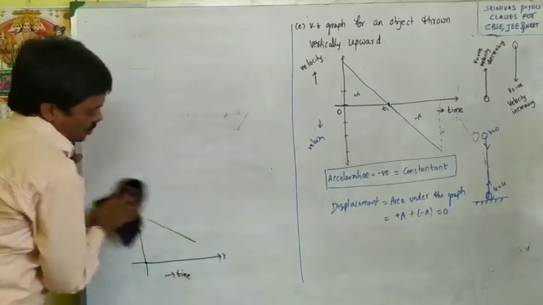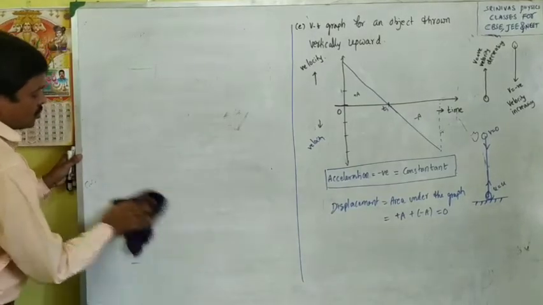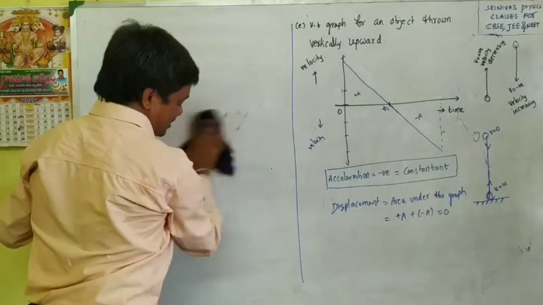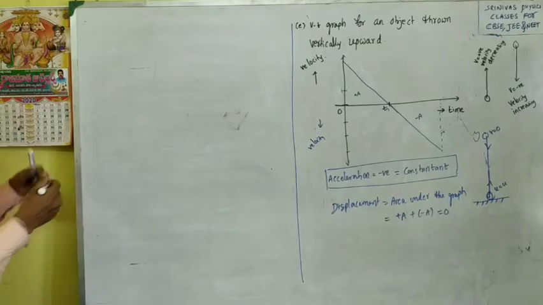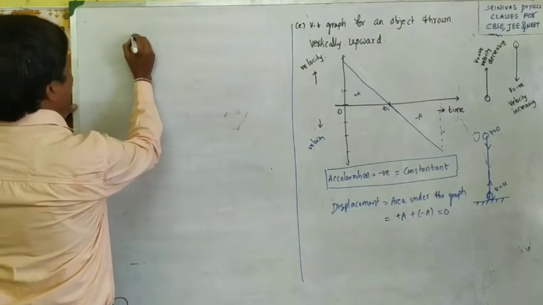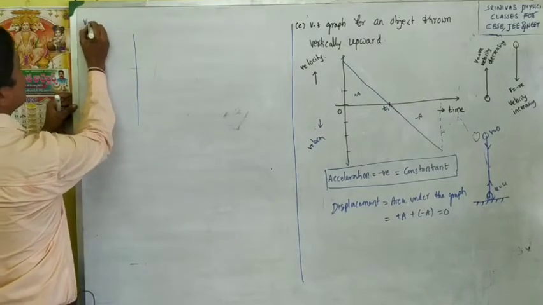For the 9th class students, I am combining the 9th and 11th class, that's why you are getting some extra information. Just for the 9th class students, you have to remember everything, how the graphs will be. In the exam they will ask the shapes of the graph, the VT graph.